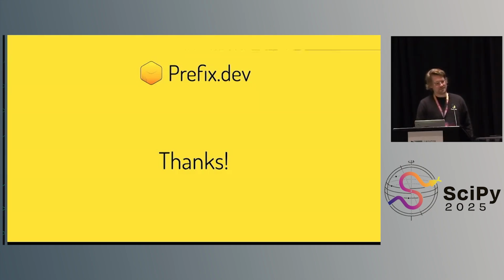So that's luckily not true. Pixi prefers to use reflinks, which are copy on write, which are actually the best kind of link. And if that doesn't exist, you fall back to hard links, which is basically different links that refer to exactly the same file. But the problem is if you change one in your .pixi folder, then it will also change in the cache. So that's why we prefer the reflink approach.